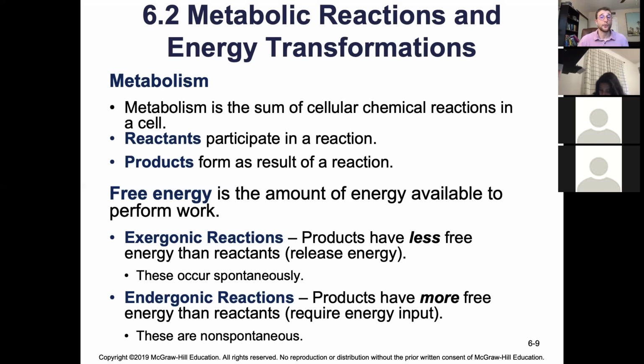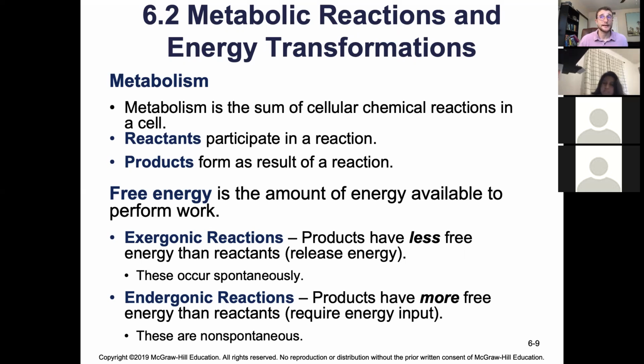So you're starting off with something that's really unstable, like ATP, which we're going to talk about in a second. We release energy, and the final product is ADP, a more stable molecule.